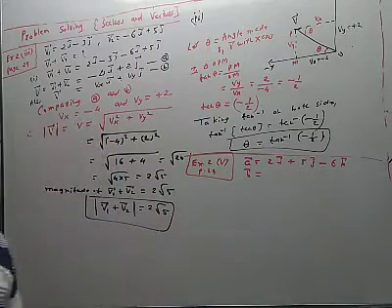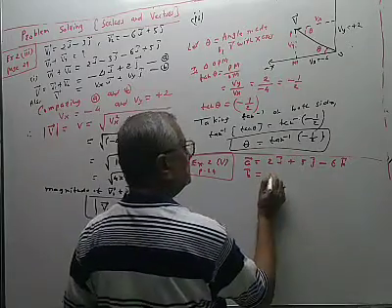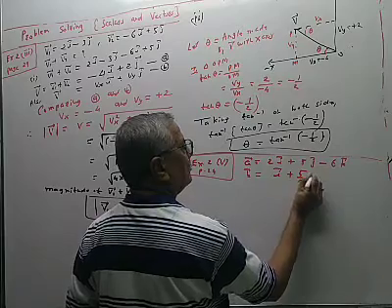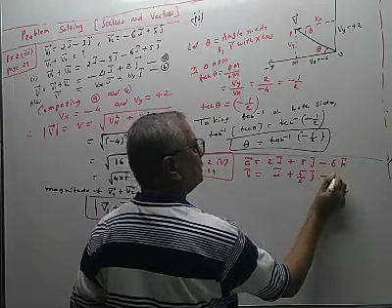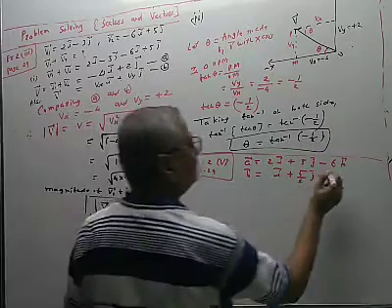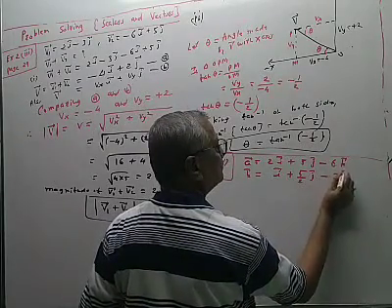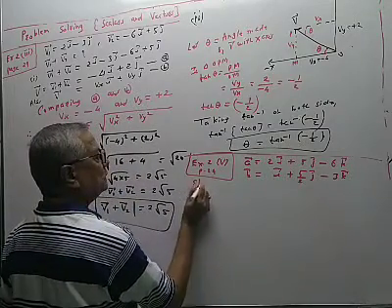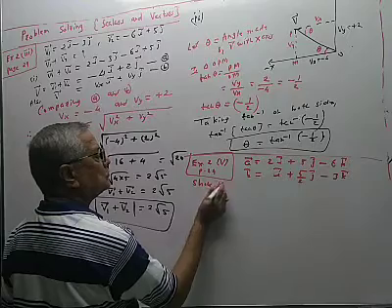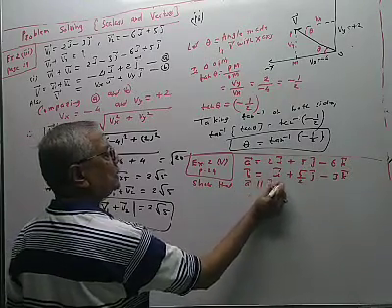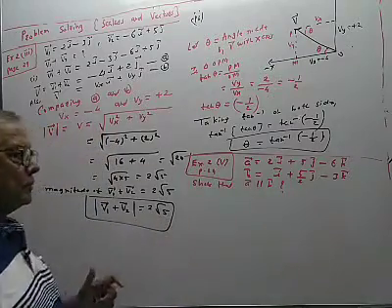And vector B is equal to I plus 5 by 2 J minus 3K. Show that vector A is parallel to vector B. This is our problem.